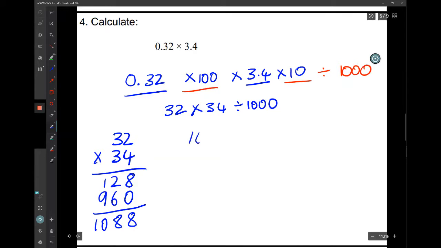That's 1088 divided by 1,000, where the decimal will move 1, 2, 3 places, so it's 1.088.